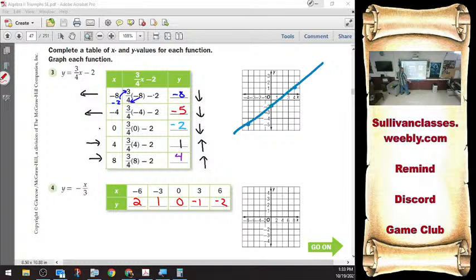Plot your points. Back 6, up 2. Back 3. How do I do 3? I don't see 3. You do it halfway. Right? Just like we did with our y-axis, we can do the same thing with our x.